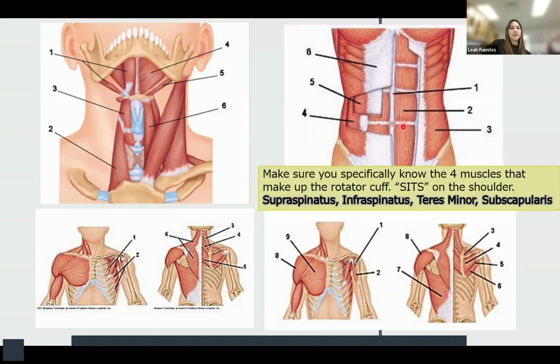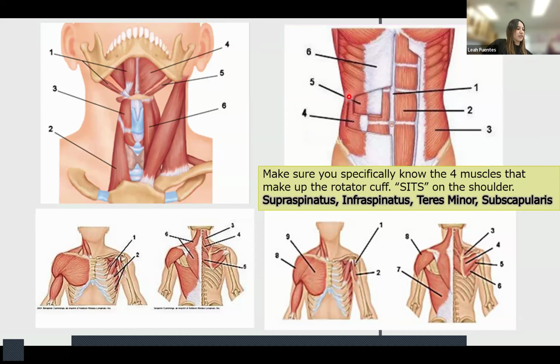So what is this? Rectus abdominis. And then let's see. I don't know if it's labeled. Number 4 is going to be this more internal portion here. So which is this one? Internal oblique, good.